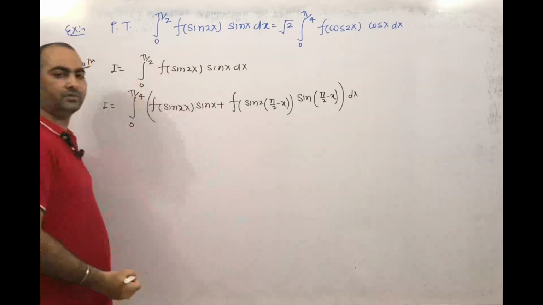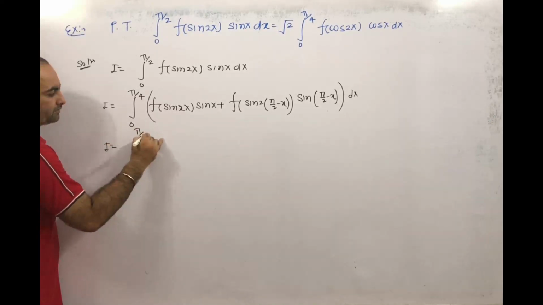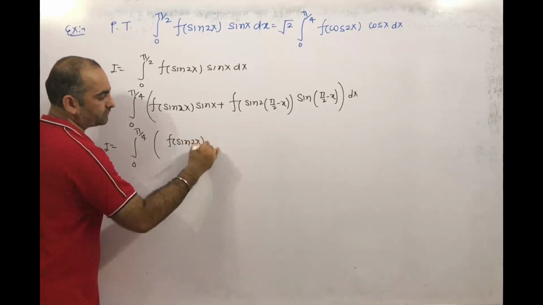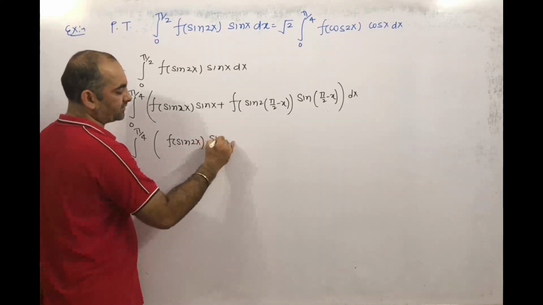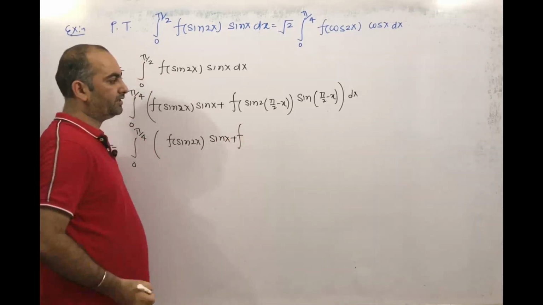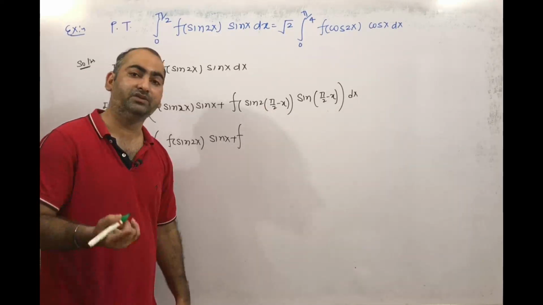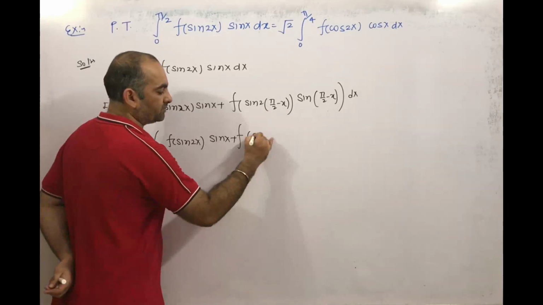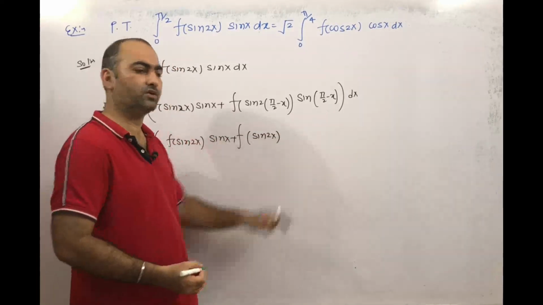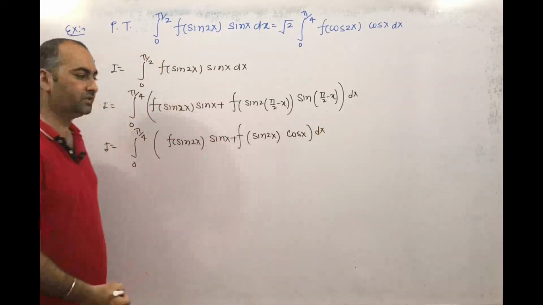So this will come out: I equals the integral from 0 to pi by 4 of f of sin 2x sin x, plus f of, if I multiply 2 inside, pi minus 2x. Sin of pi minus 2x is sin 2x, and sin of pi by 2 minus x is cos x, dx.